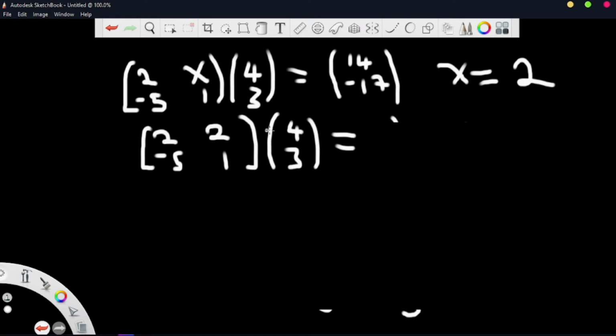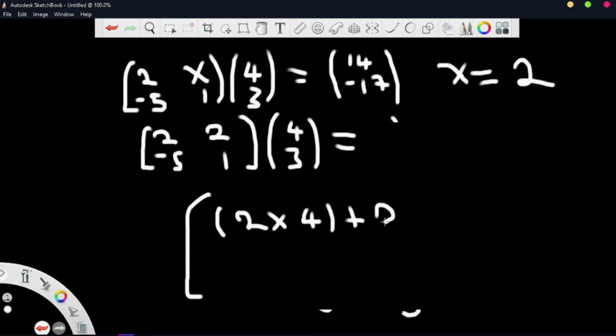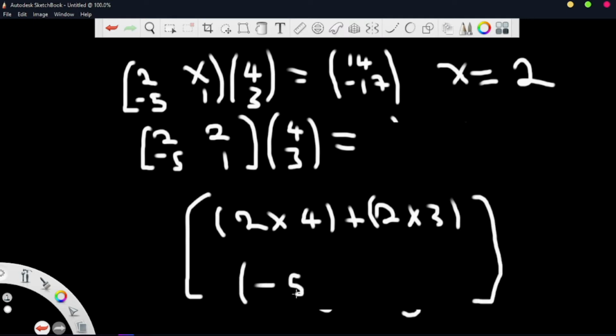We're going to have 2 times 4 plus 2 times 3, close matrix, and then I'm going to have negative 5 times my 4 plus my 1 times my 3.